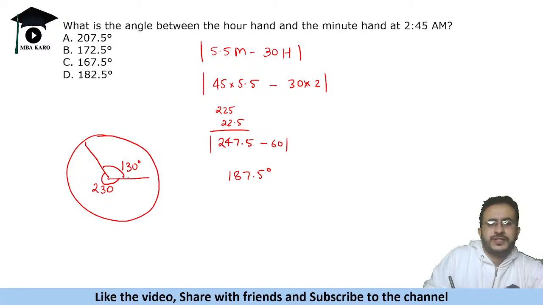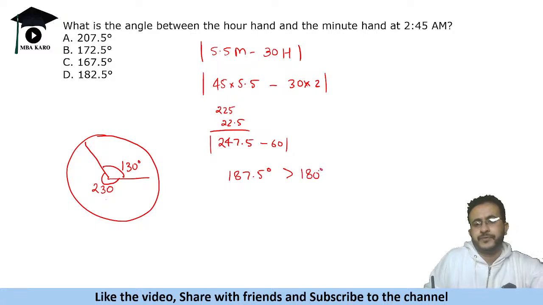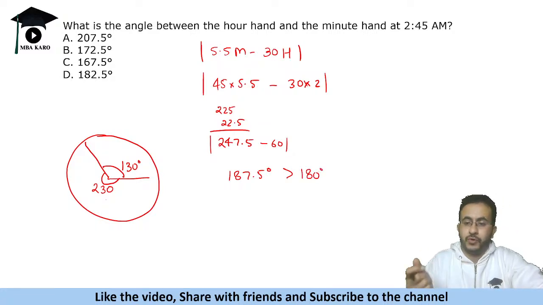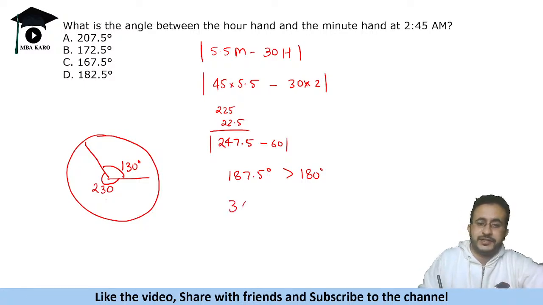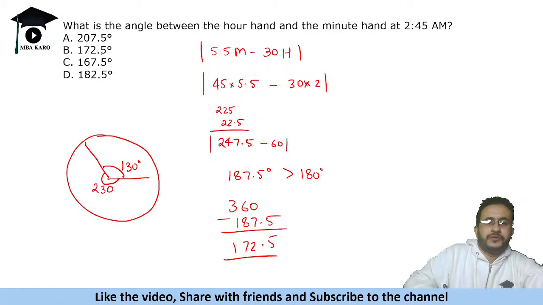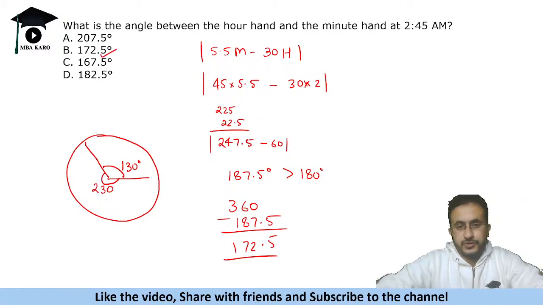So this is 360 minus this. So we are getting 187.5, which is greater than 180. So if the angle comes more than 180 degrees, subtract from 360 to get the answer. So 360 minus 187.5 will get 172.5 degrees. So the answer is option B.